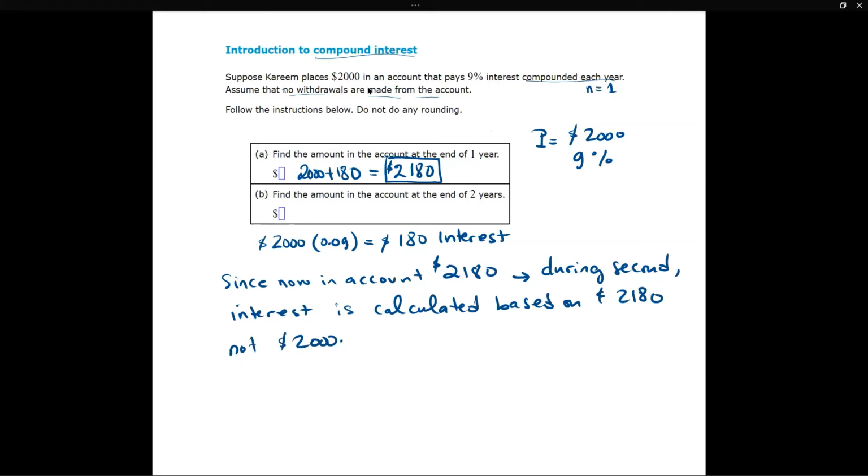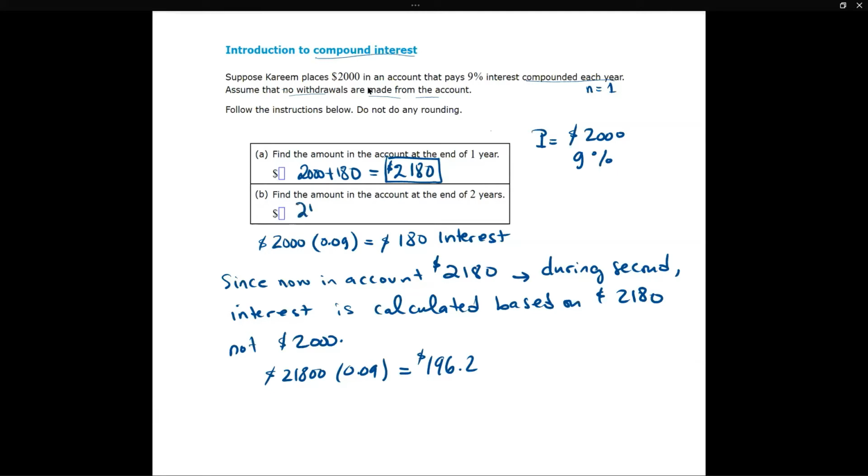You see, so there is interest now on top of interest and principal. And that's what compounded is, right? So now we're going to do 2,180 times again 0.09. So 2,180 times 0.09 is 196.2.